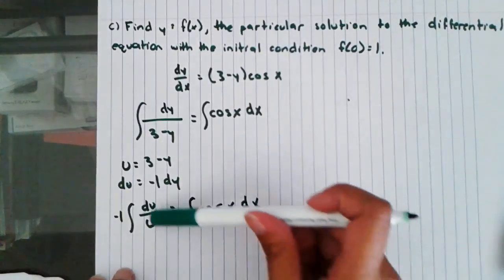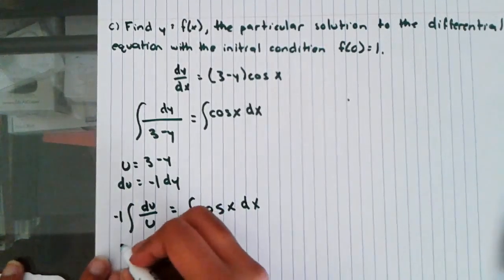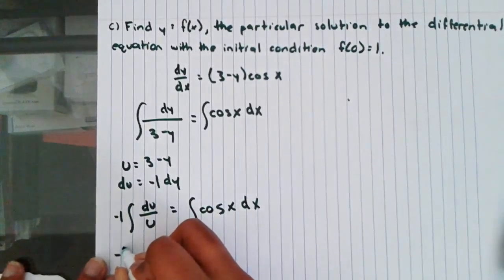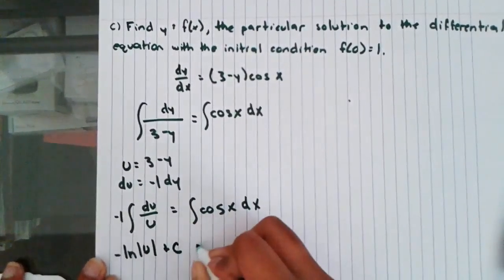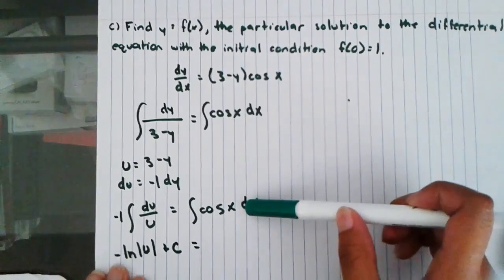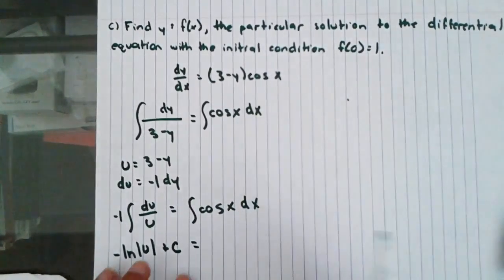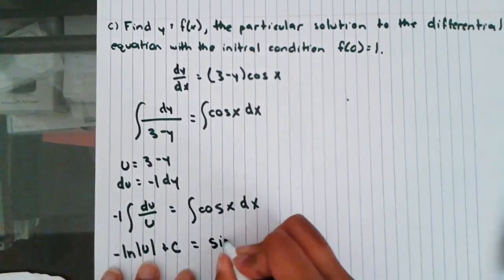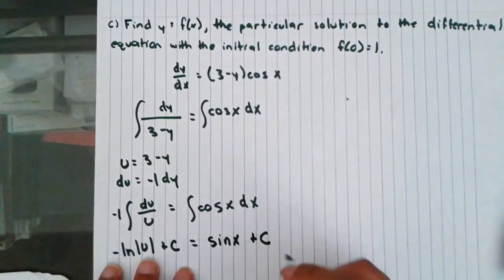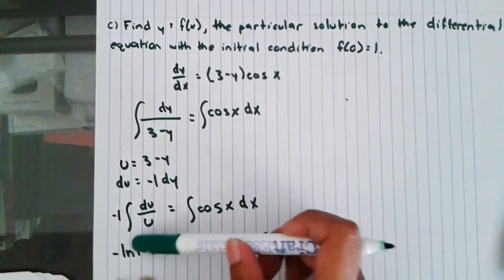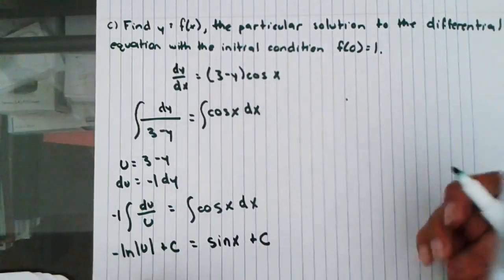And if you look at this, this is just the natural log. So it's negative natural log of u plus c equals the integral of cosine x, which is sine x plus c, and we don't really want u there, so we can just substitute the u back in.